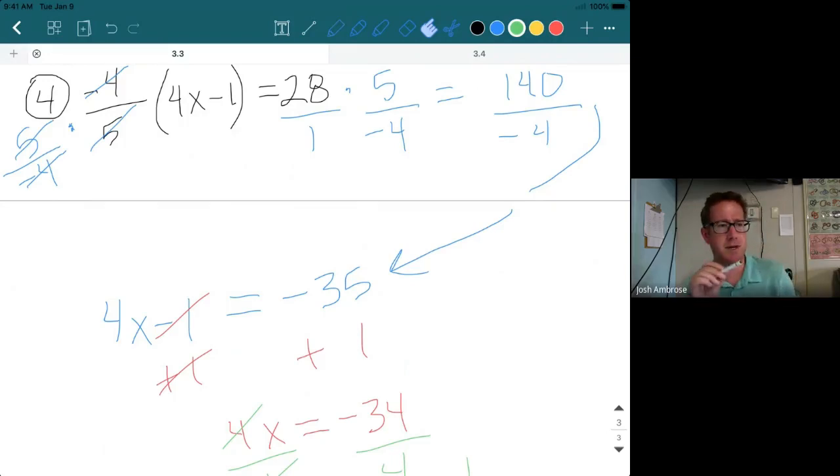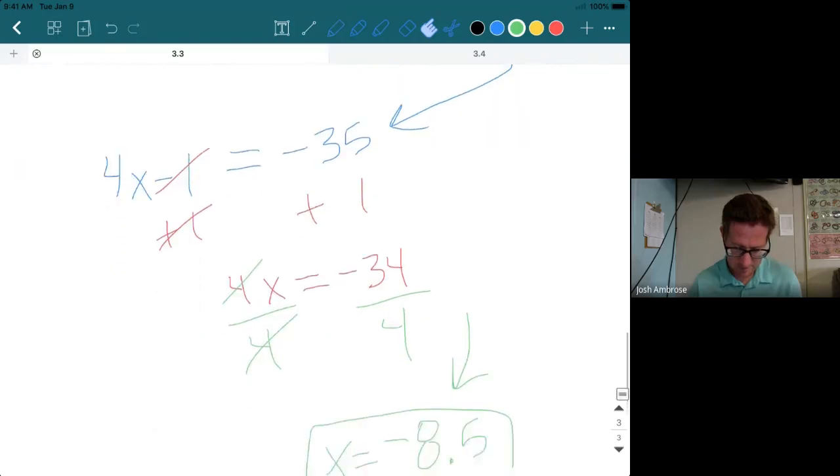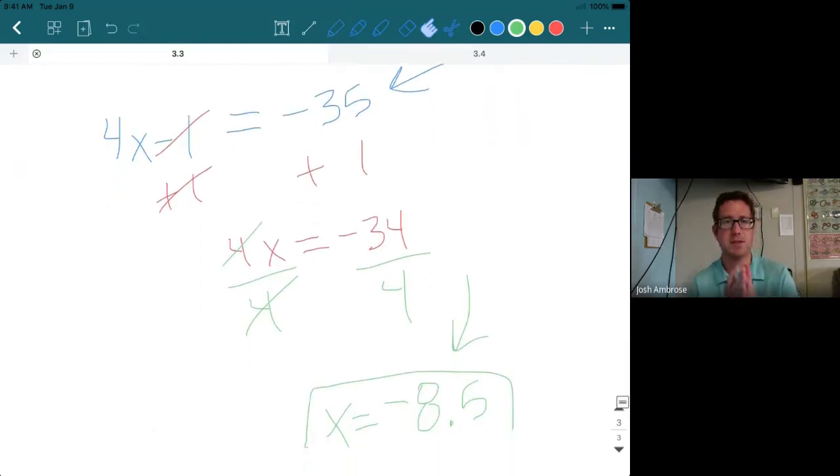That's good. 5, we'll cross out 5. Negative 4, we'll cross out negative 4. Okay, 28 times 5. Good. That gives us 140. Divide by 4 gives us 35. Okay, perfect. And then add 1, add 1. All right, there we go. All the steps required to complete that last example problem there.